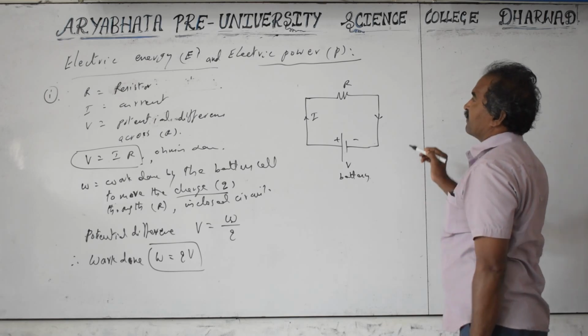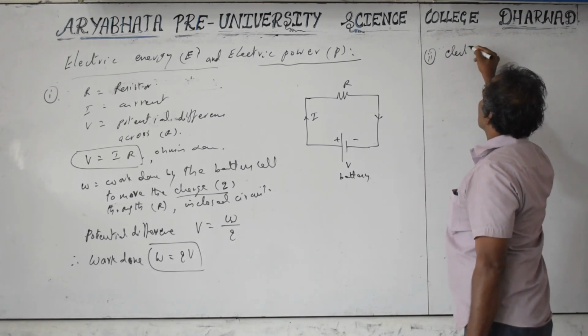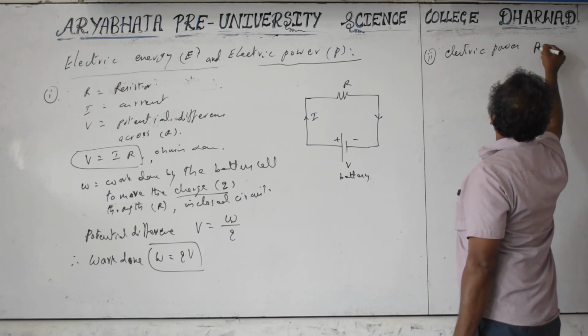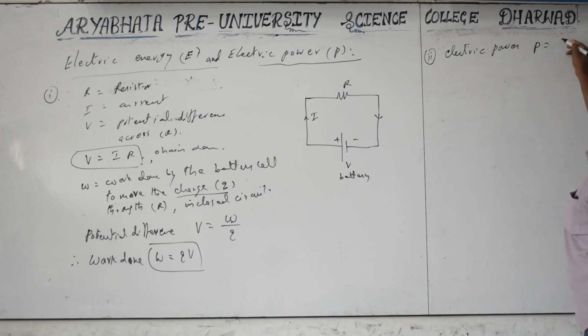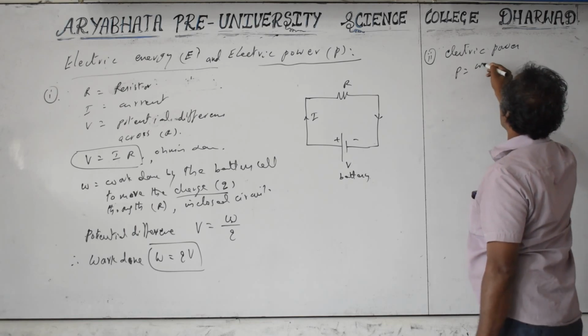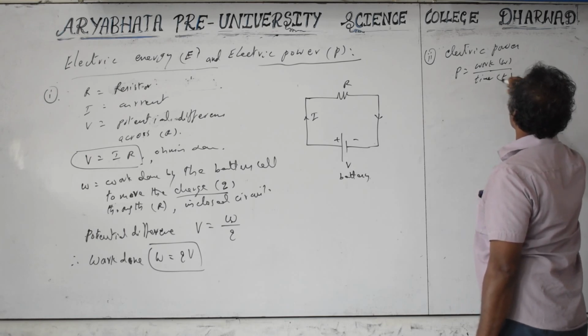And electric power, P, is equal to work by time, W by T. What is T here?